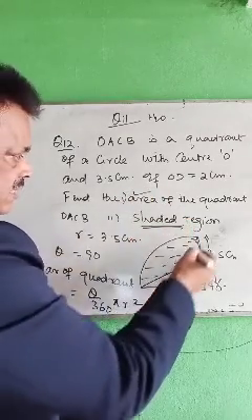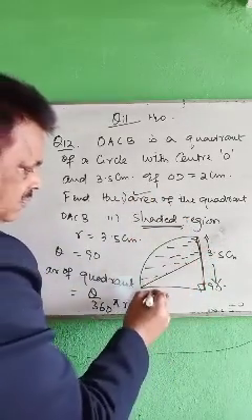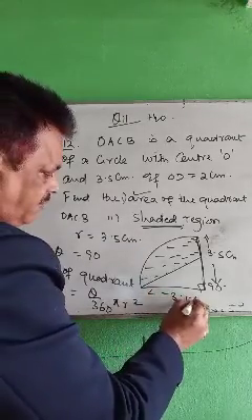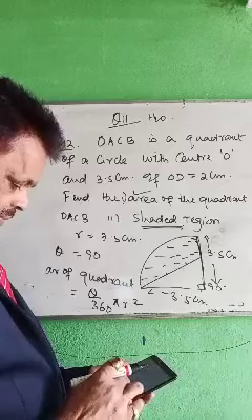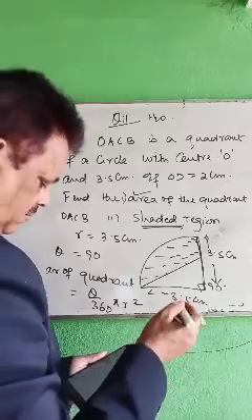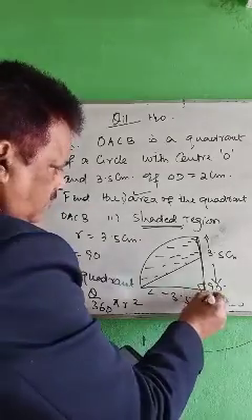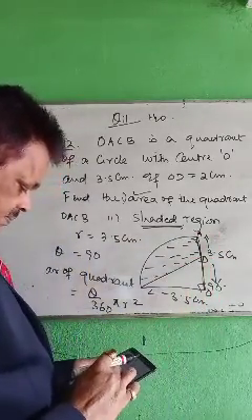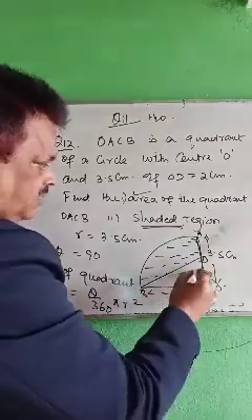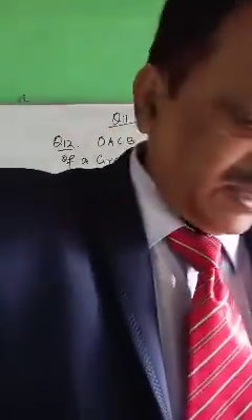Shaded part means quadrant minus triangle. This is also 3.5. Then this is 2, given as OD. This is O, this is A, this is D, this is B. This is 2. Area of triangle is half base into height.